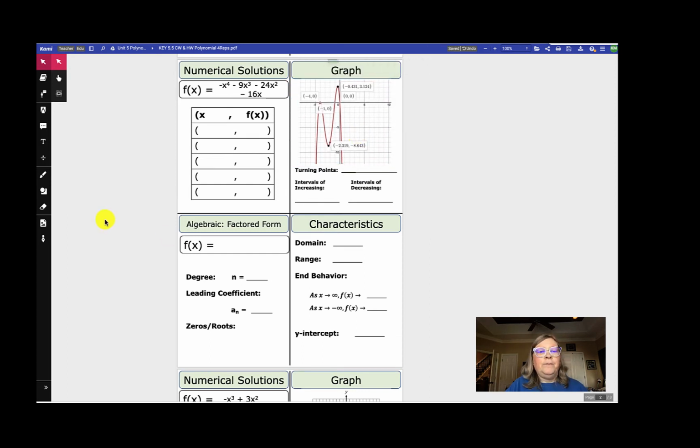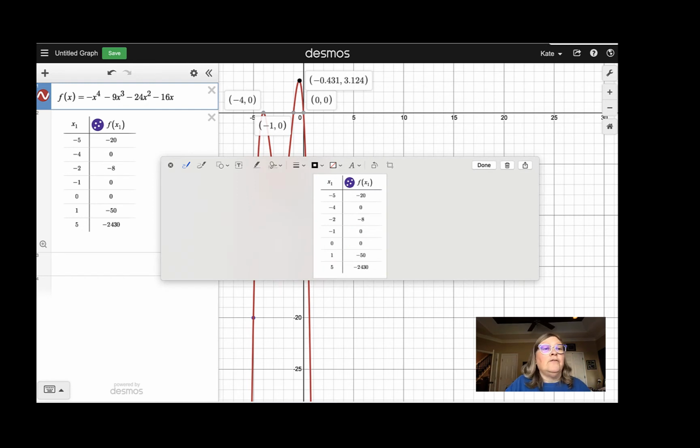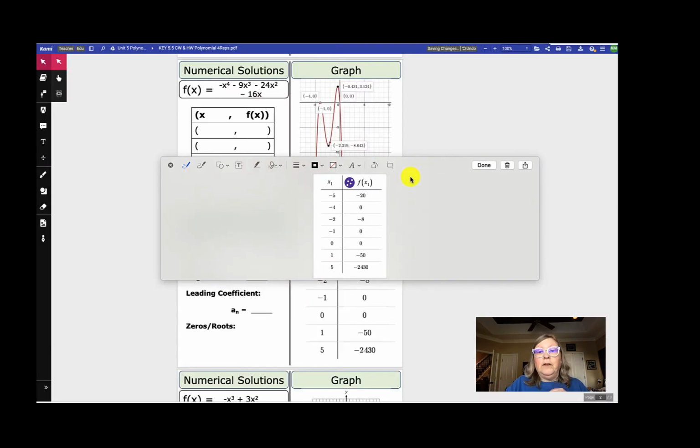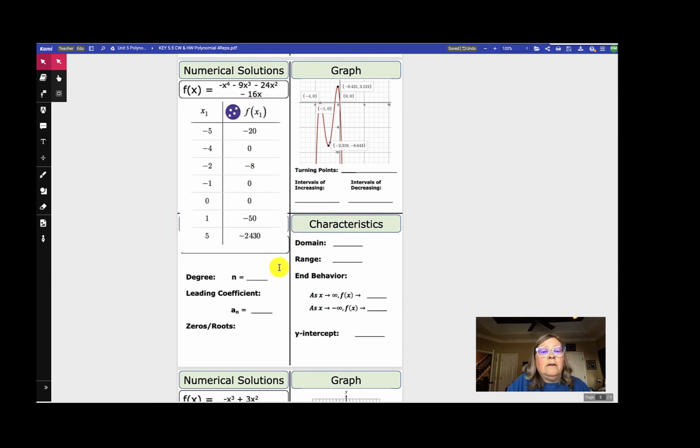And I'll center it. That looks good. And then I'll go back to Desmos and grab my table. And there's the table. And Control C, Control V over here. Move this up to here.